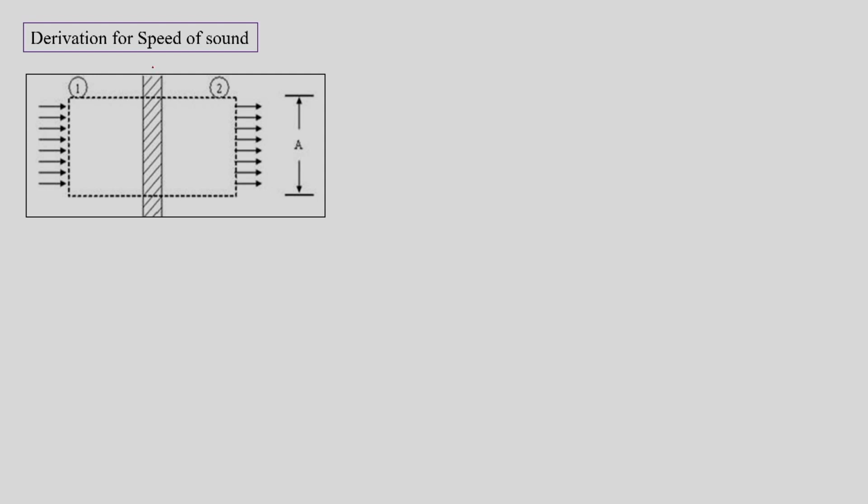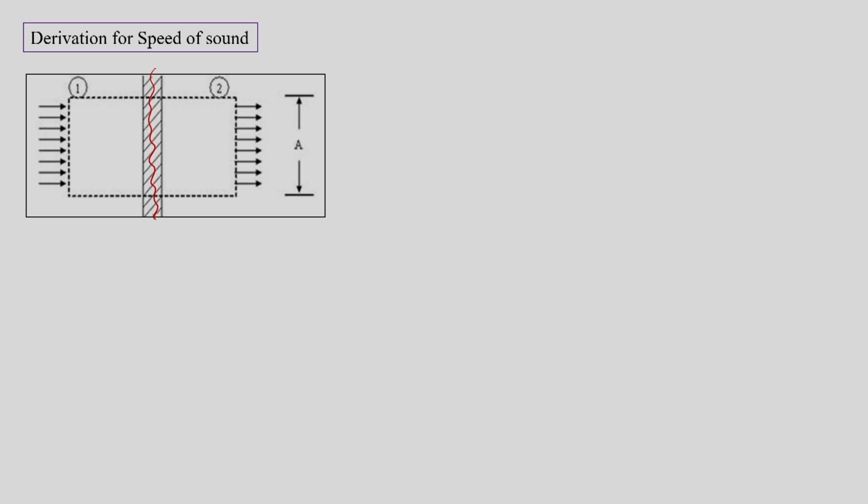We are trying to derive the relation for the speed of sound. Suppose this is a sound wave. Actually, it is traversing with a certain velocity in a medium which is still, or has zero velocity, but we assume that the wave is standing still and the fluid is given the velocity of the wave.